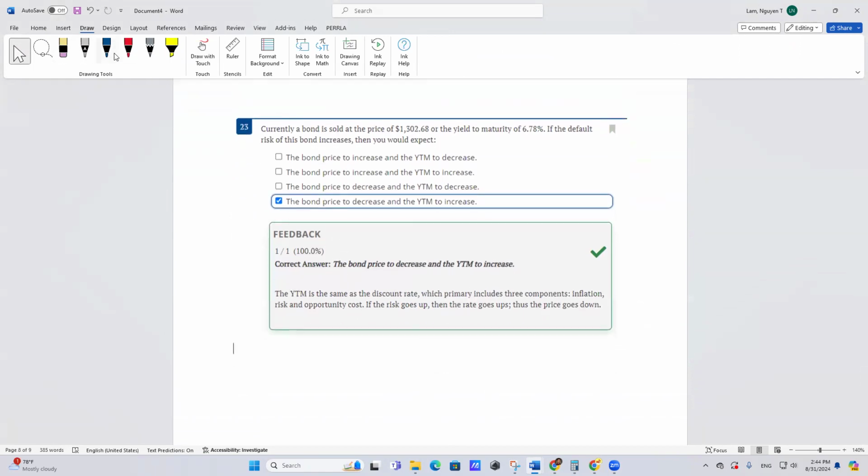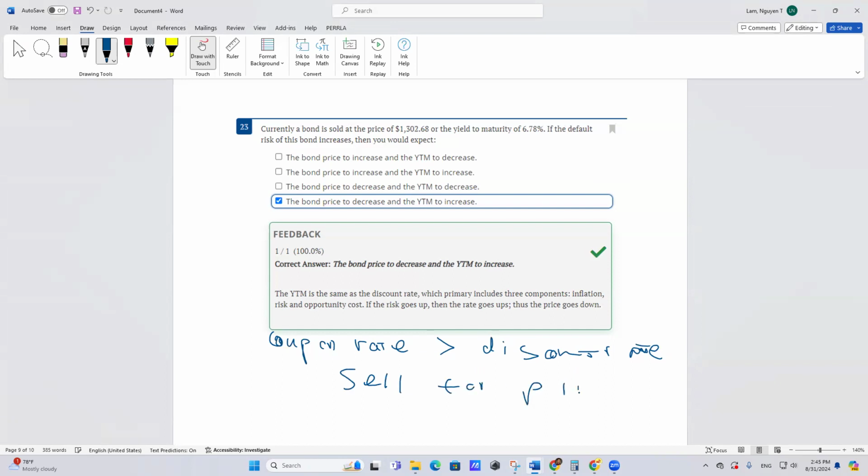Okay, this question right here. It's talking about bonds, right? If the coupon rate is greater than the discount rate, then the bond will sell for a premium, right?